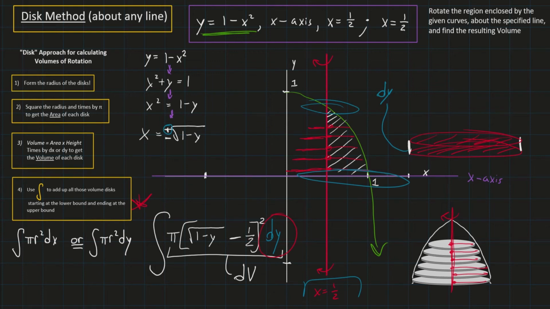The lower bound has to be the smaller y. So this is the smaller y right here. This guy will be the bigger y, and therefore it will be our ending bound, our upper bound. Alright, so what is the y coordinate of this starting location? And that looks like y is equal to 0 to me. My last disk is going to be right here.